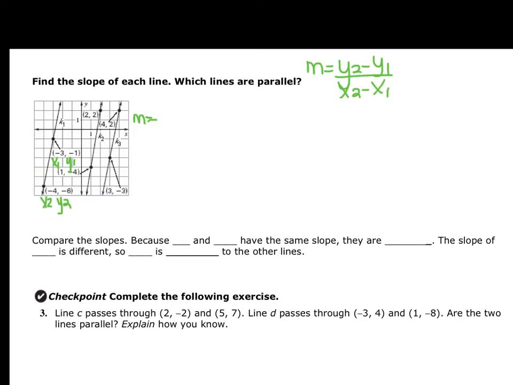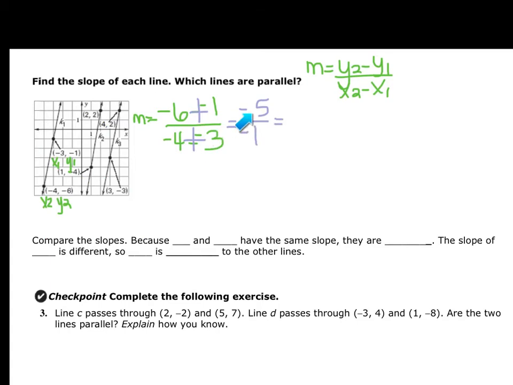All right, so let's plug these in. So we have y2 minus y1 over x2 minus x1. On these, and I know we've talked about this before, you've got to be careful with these double negatives because that makes one big new positive. So this is actually negative 6 plus 1, which is negative 5, negative 4 plus 3, which is negative 1.